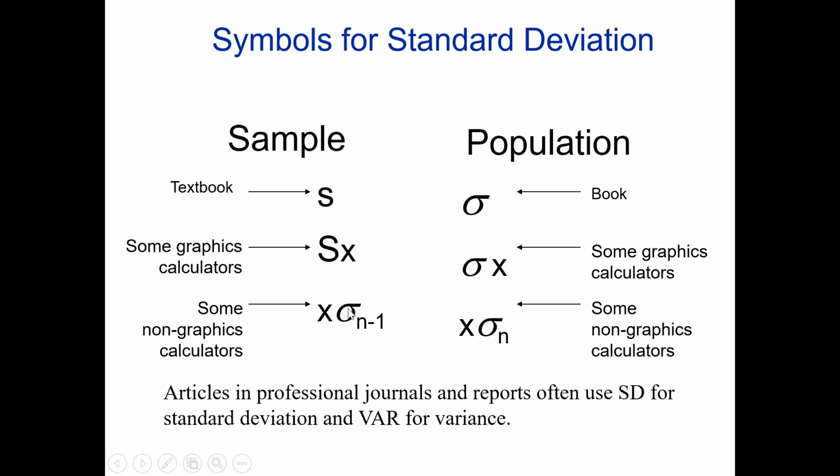Some non-graphic calculators use small x sigma n minus 1 for the sample, and for the population capital X sigma n. So different symbols are used, but for simplified purposes, we can say standard deviation SD, capital S and capital D, or sigma can also be there.